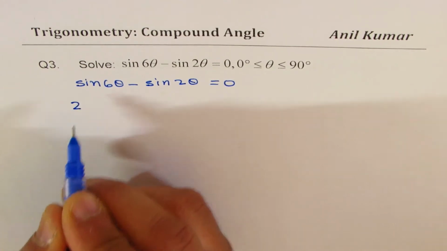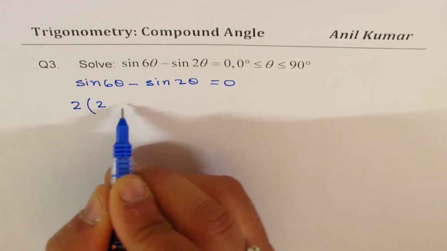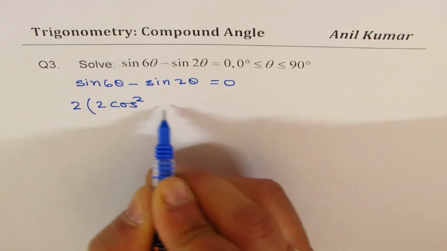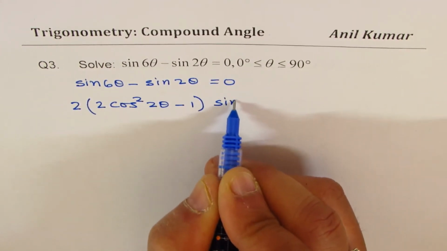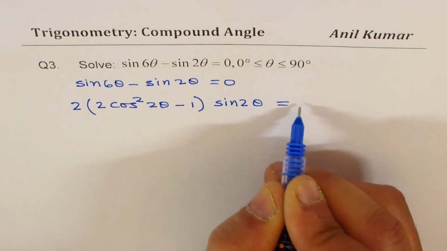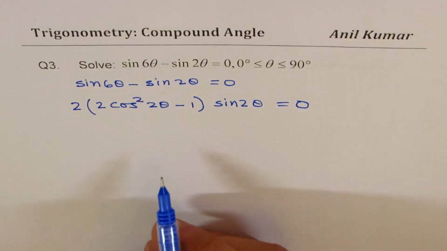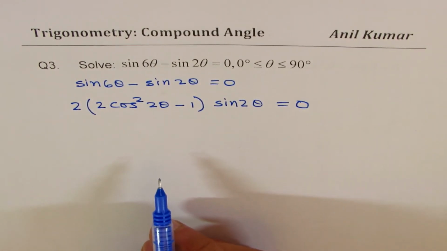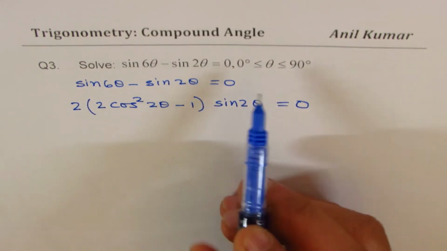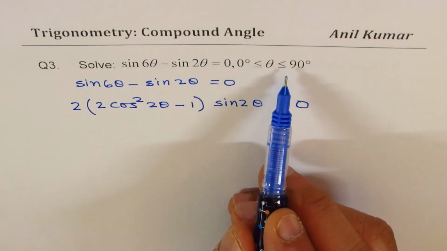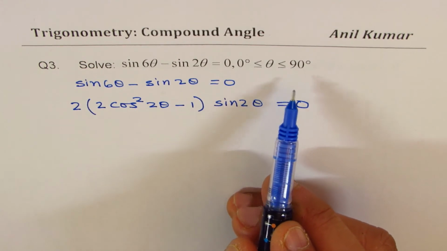It could be written as 2 times 2 cos square 2 theta minus 1 times sine 2 theta equals 0. Do you see that? So that is how you would rewrite this, and that should help you get the solution within 0 to 90 degrees. Does that make sense to you, right?